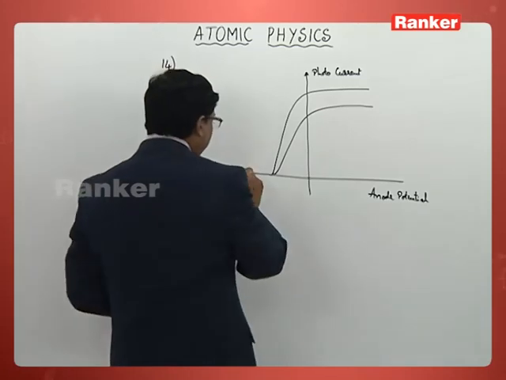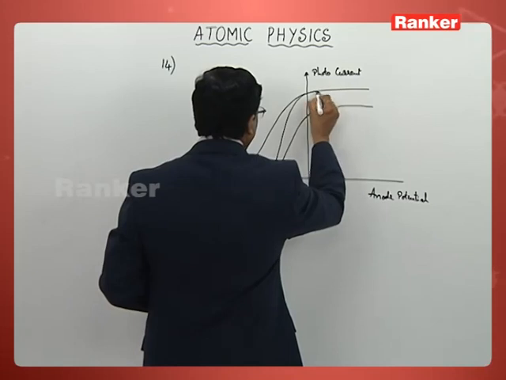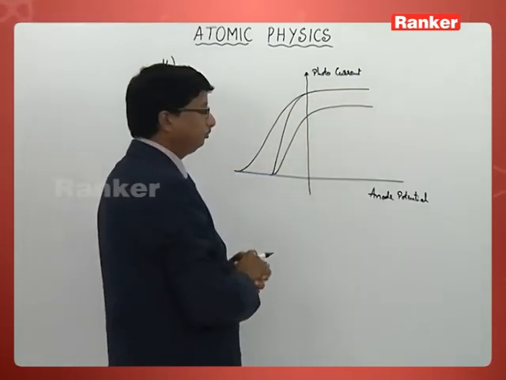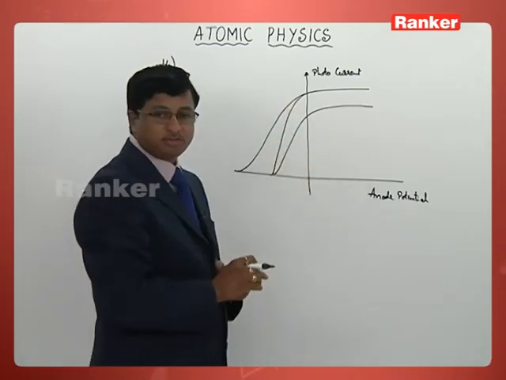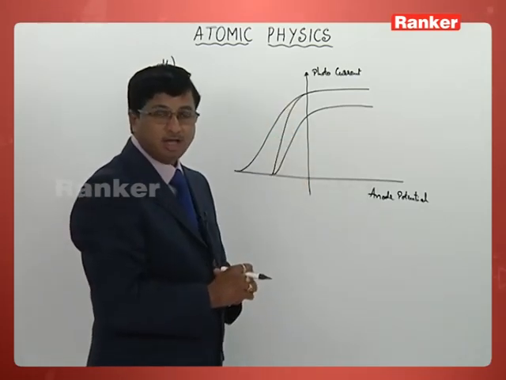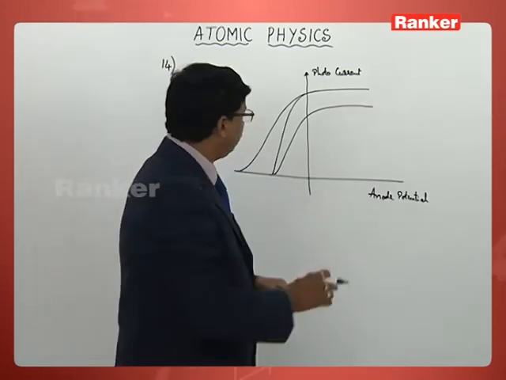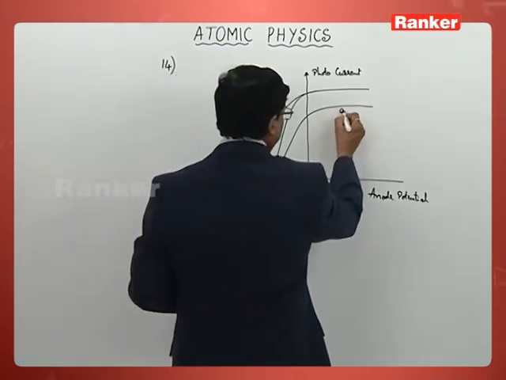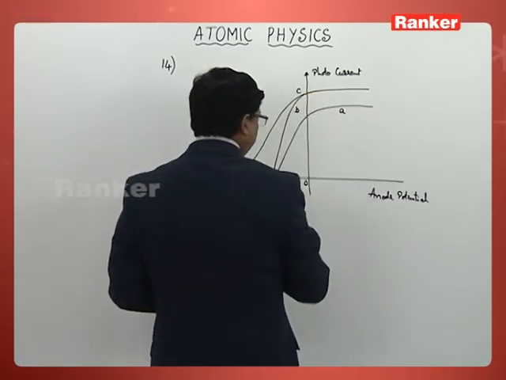And the third curve started from here, but it is joined with this. Look at this graph carefully first. For all the 3 different curves, he has named them. This is A, this is B, this is C, this is the origin.